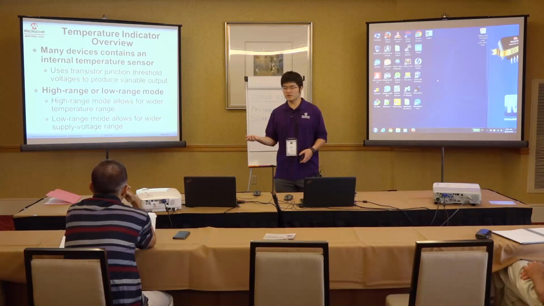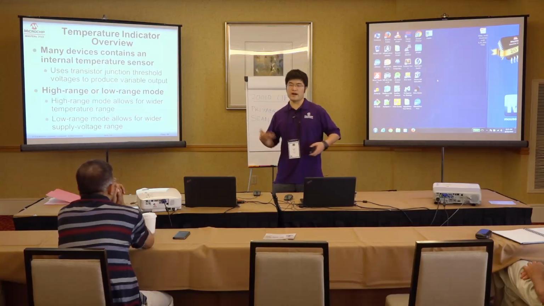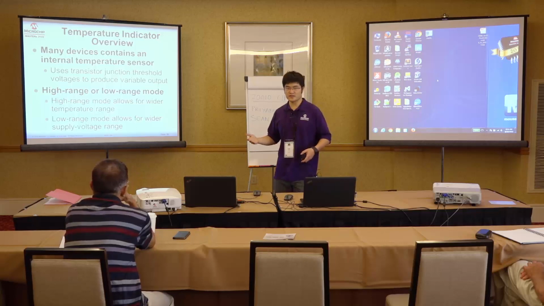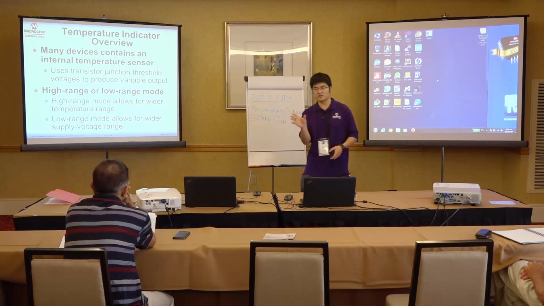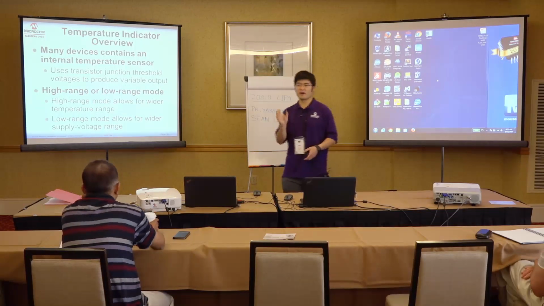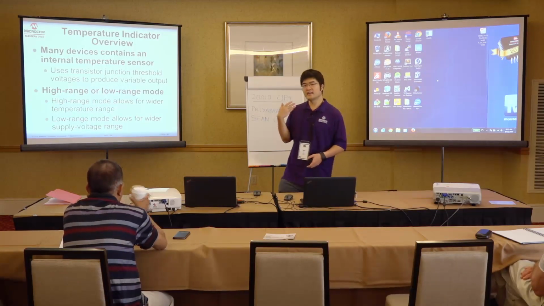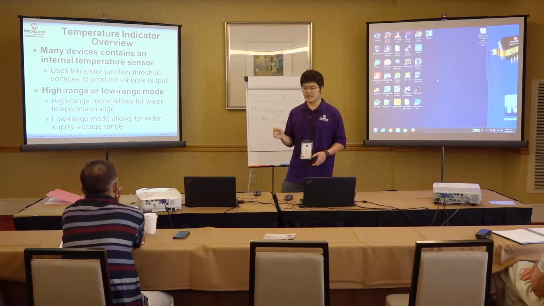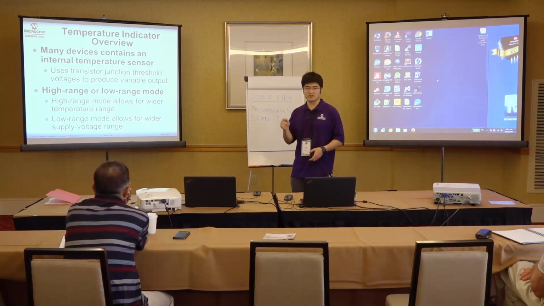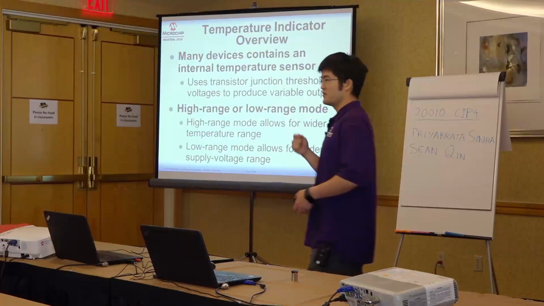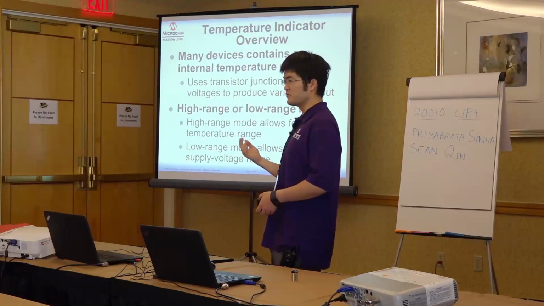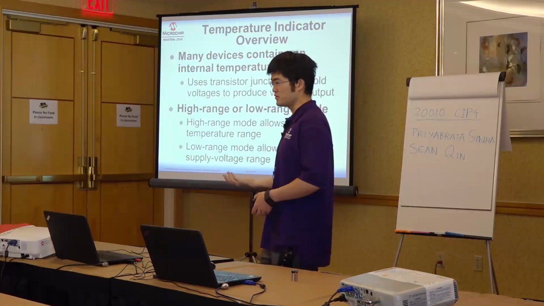Well, the high range mode allows for a wider temperature dynamic range, so you can sense a little bit wider in terms of temperature. However, because you are trying to sense wider, you have to apply a higher voltage, because we are using the junction voltage threshold, which means we have more junctions. More junctions, you need more voltage to drive them.